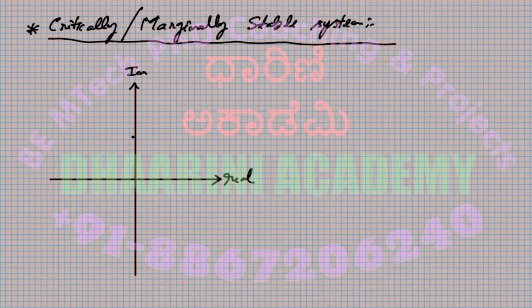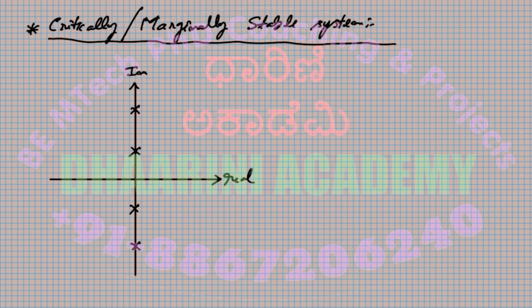So the idea is that you get poles exactly on the y-axis. You should not have any poles on the right side, and you can have poles on the left side and poles on the y-axis. Poles on the y-axis are important. Whether you have a pole on the left side doesn't matter.